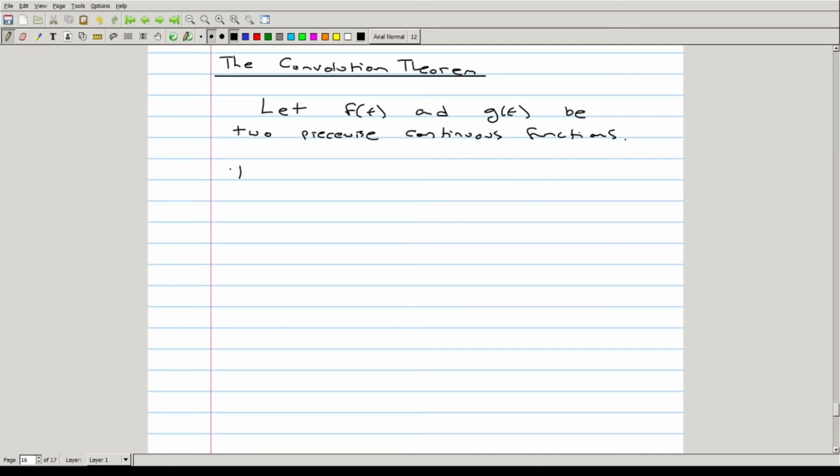The convolution product of the two functions f and g is defined as the following integral.